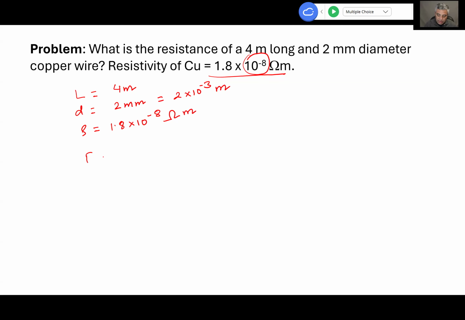Now the question is, what is the resistance? So, a 4 meter long wire. Usually, let's say a 1 meter scale, it's slightly shorter than my height.